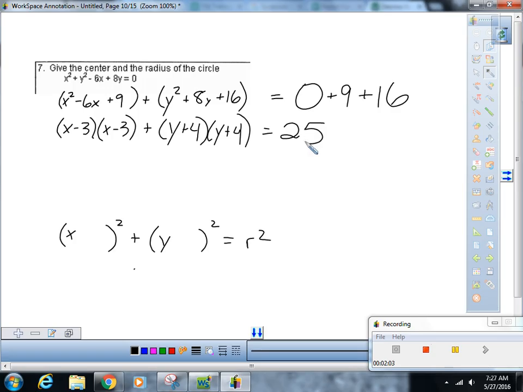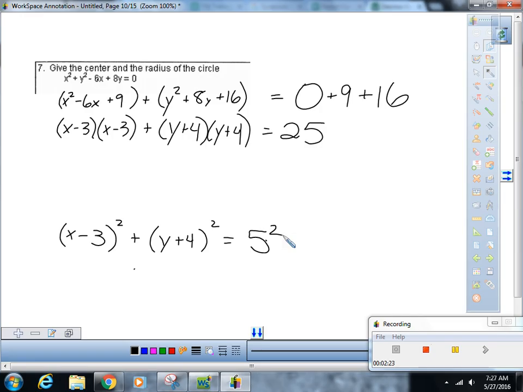So in essence, we took these things and made them into something that could be a perfect square. Now we'll write that as x minus 3 squared plus y plus 4 squared equals 5 squared. 5 squared is 25.